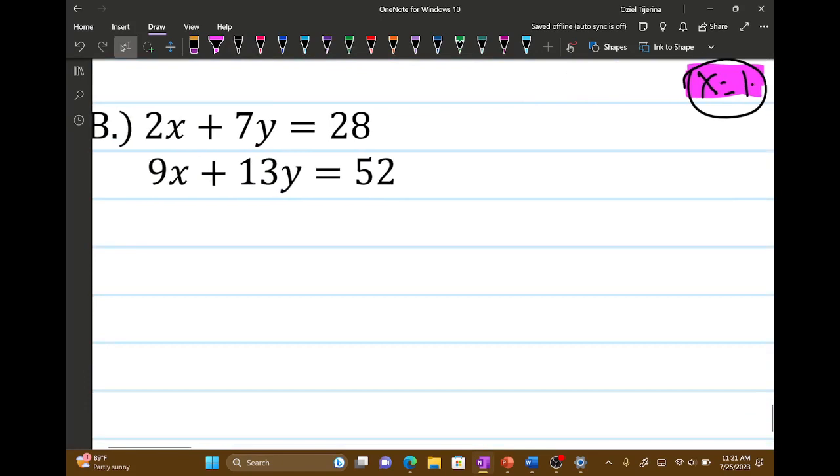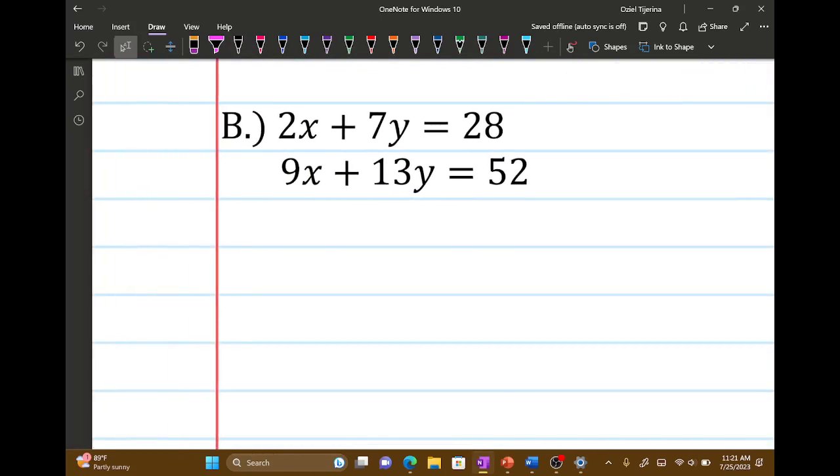Okay, guys, let's go to part B. Part B is a little bit more tricky. We have 2x plus 7y equals 28, and 9x plus 13y equals 52.